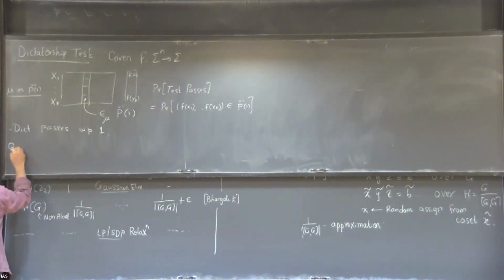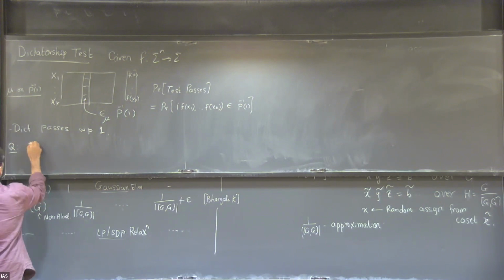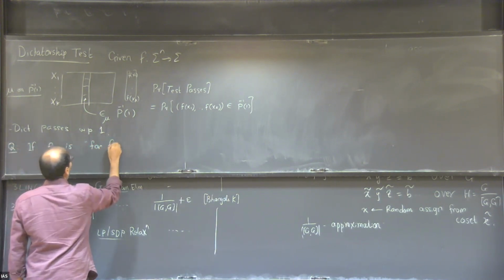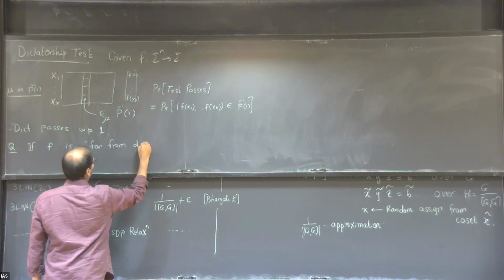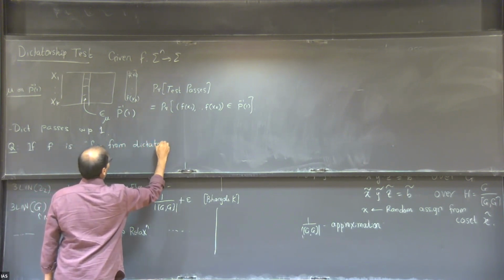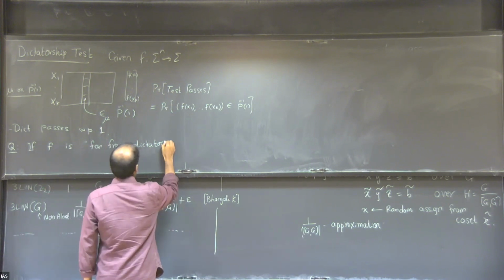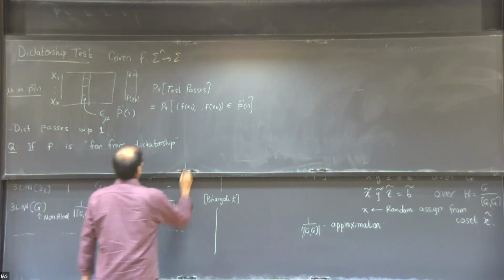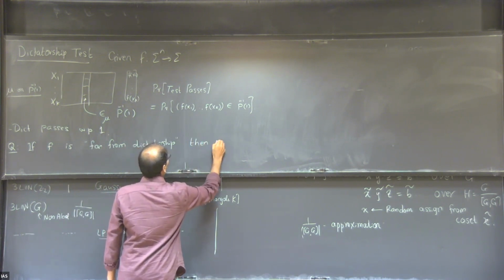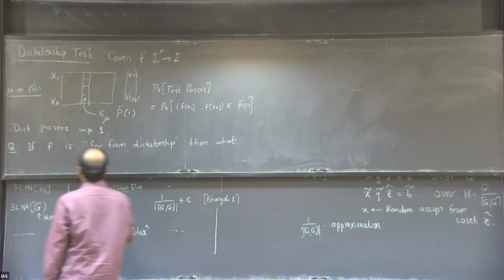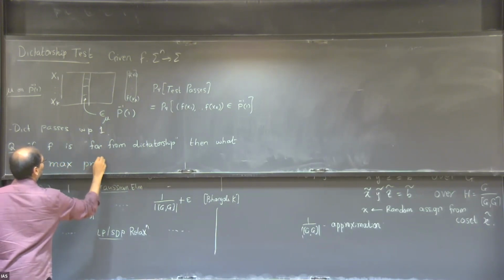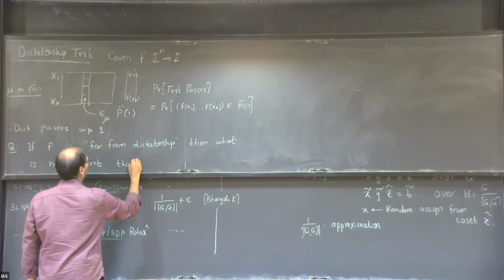If f is far from dictator, and I'm not going to define what this means because that would be another big distraction, then what is the maximum probability that f may still pass?